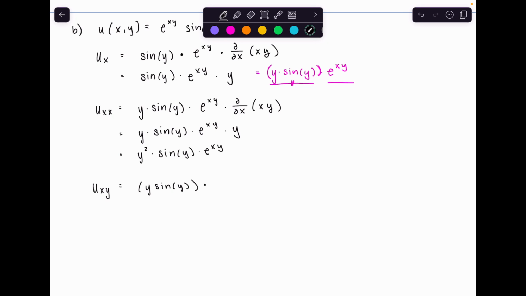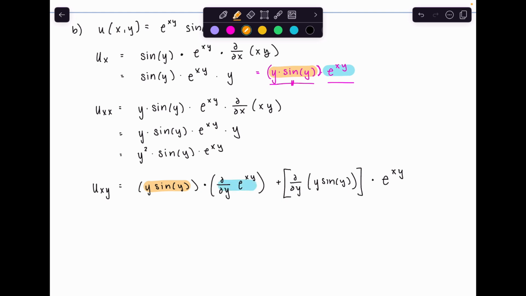And then I need to differentiate the second, so I'm taking the derivative with respect to y of e to the xy. And then I'm going to differentiate the first and keep the second. So keep the first, derivative of the second, derivative of the first, keep the second. Just my general product rule.